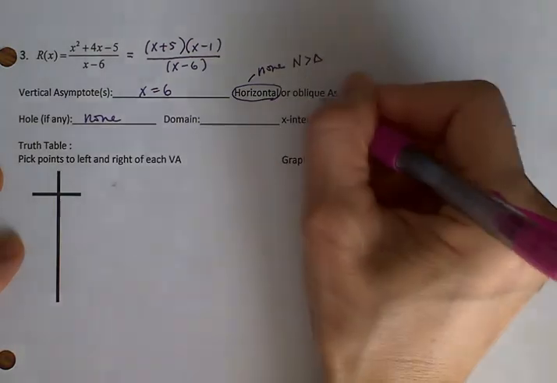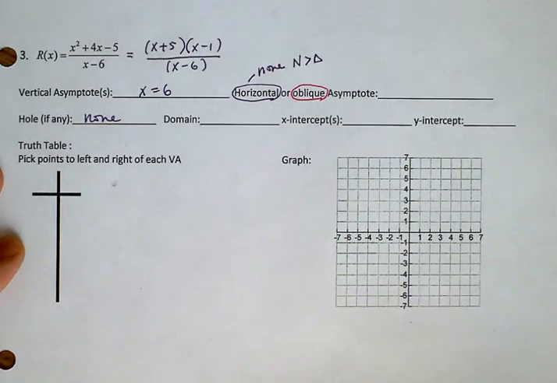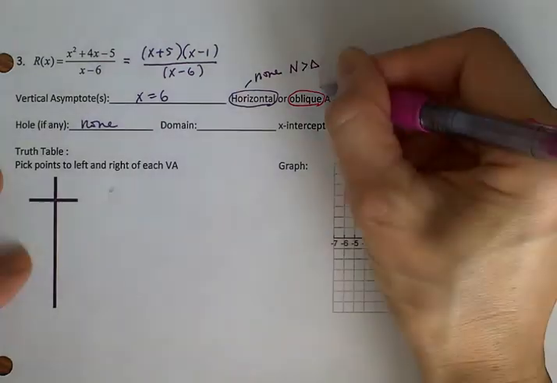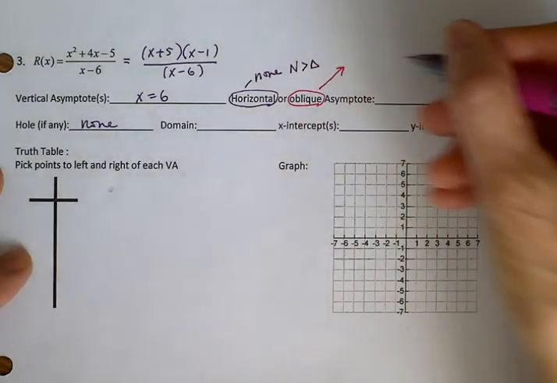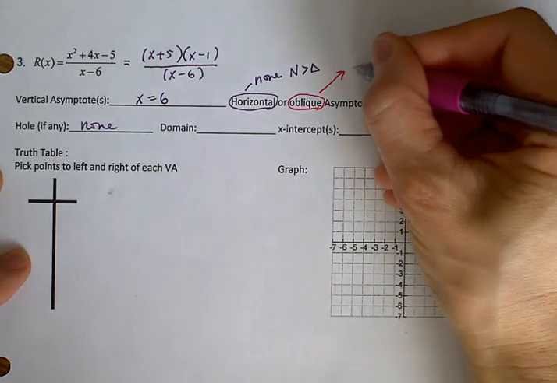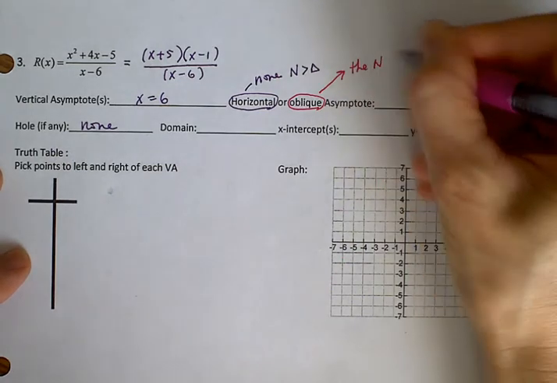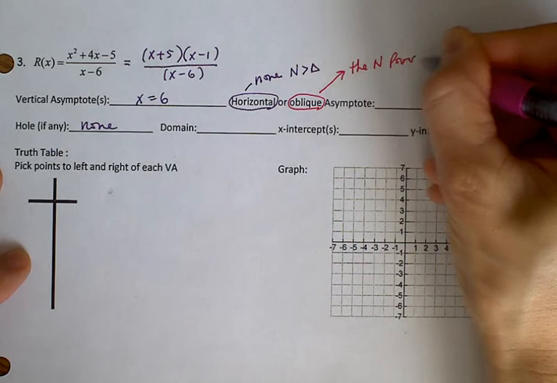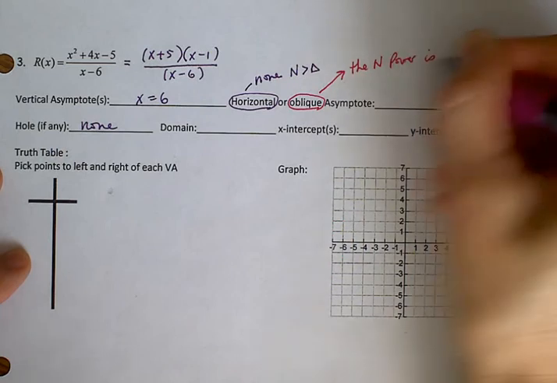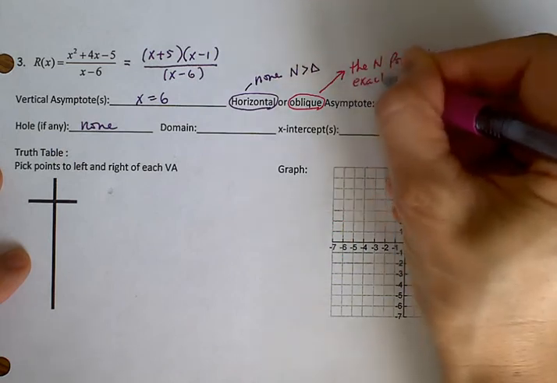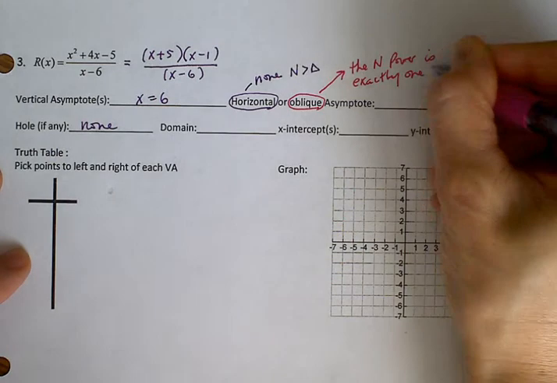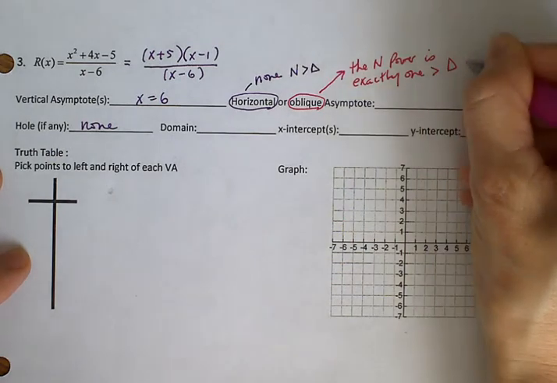So let me just define how you know you have an oblique asymptote. An oblique asymptote occurs when the numerator's power is exactly 1 greater than the denominator's power.